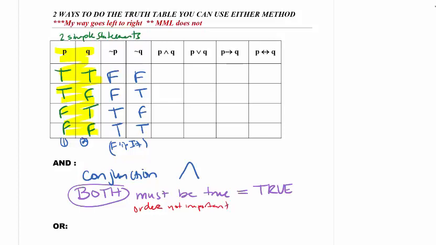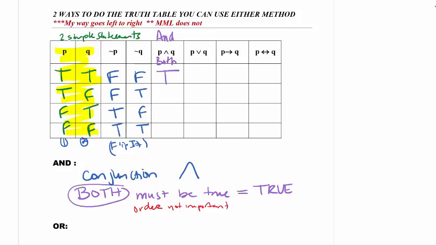So remember, this is looking at an and. So it's saying both have to. And we're looking at column 1 and column 2, the 2 that I have highlighted. If both are true, so true and true, that works.